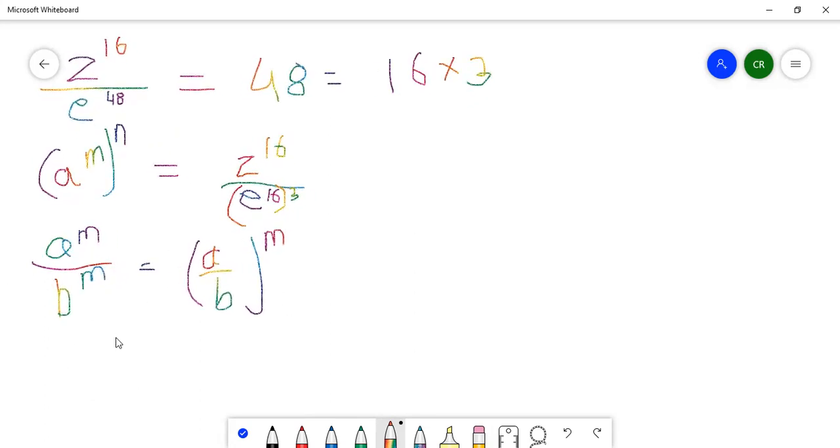Now what will it become? z upon e whole raised to 16. I'm really sorry. And the 3, where will the 3 go? To the e. So this is how you solve it.